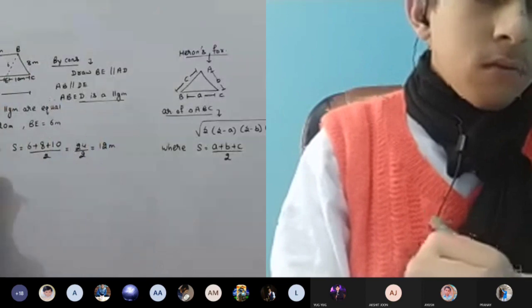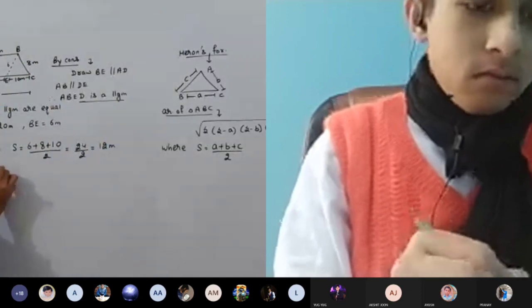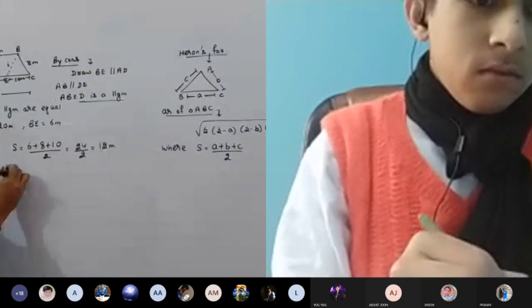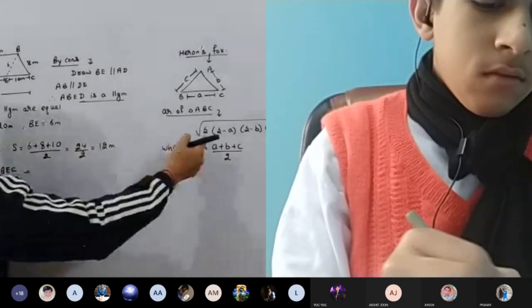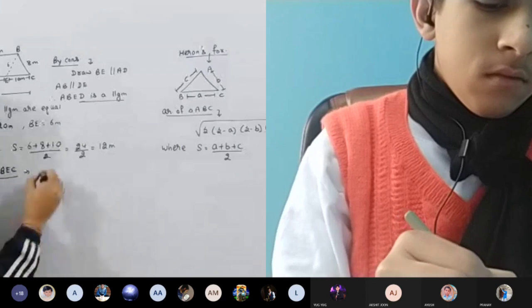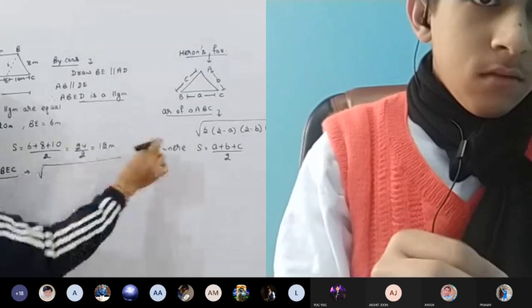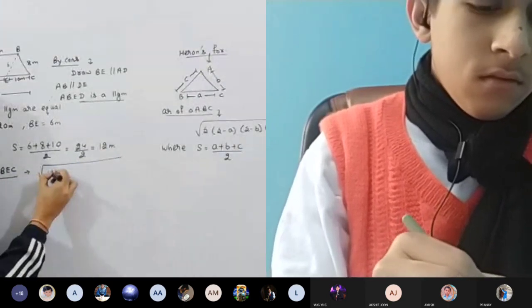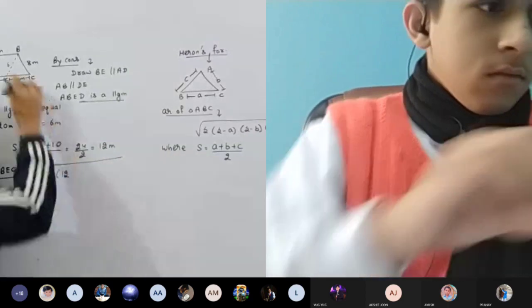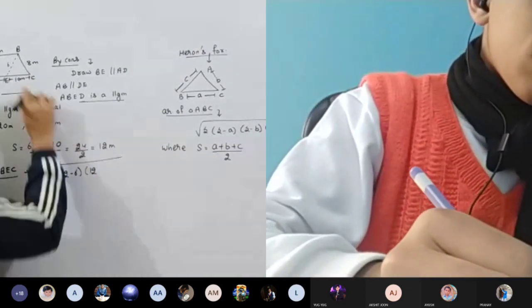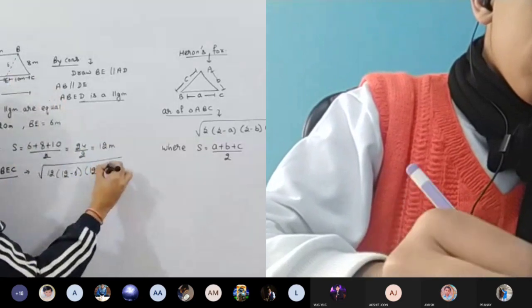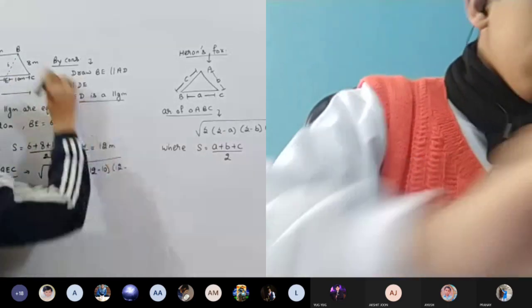So now I can find out the area of triangle BEC. I can find it out by using this formula. So this will be root S, which is 12. Next is 12 minus 6. Just subtract the sides. 12 minus 10, 12 minus 8.